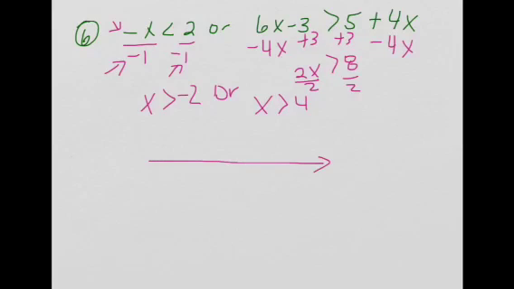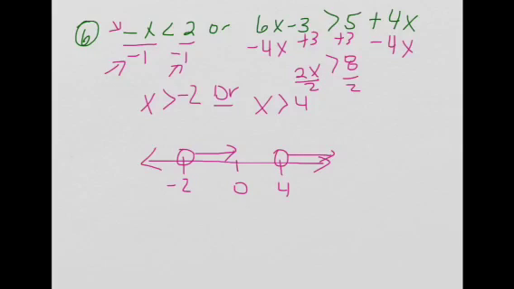So we're going to go ahead, graph that, and see what that looks like. So we have 0. We have -2. Greater than, going this direction. And we have x is greater than 4, which is also going this direction.